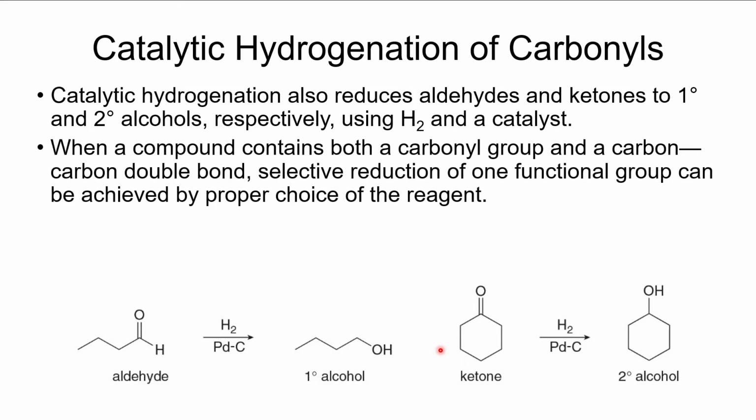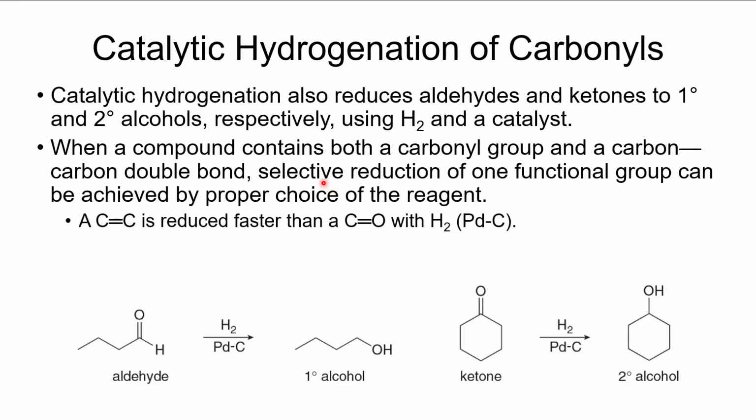If a compound contains both a carbonyl group, so the carbon-oxygen double bond, and a carbon-carbon double bond, which we'll see on the next page, then we can get selective reduction of one of those functional groups and not the other. And the way that we can do that is that the carbon-carbon bond is more reactive to catalytic hydrogenation than a carbonyl.